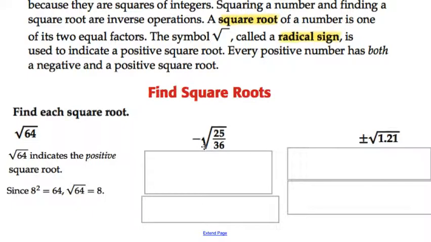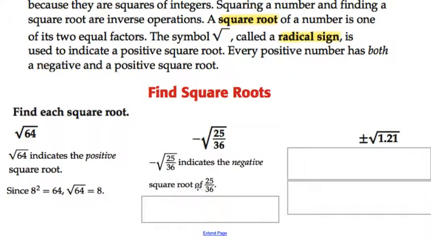Now this one over here, the negative square root of 25 over 36, see how it has a negative in front of it? That means we want just the negative value. We're going to take the square root of both the top number and the bottom number. We can write this as the square root of 25 over the square root of 36, and then evaluate each one independently.